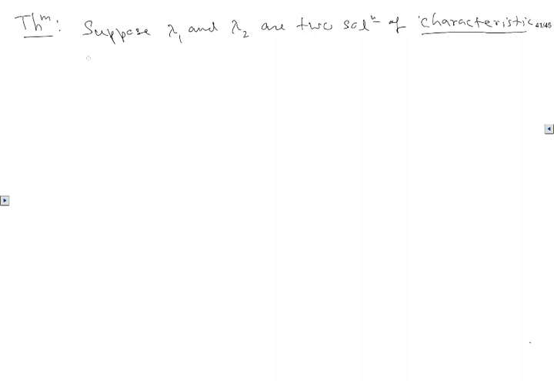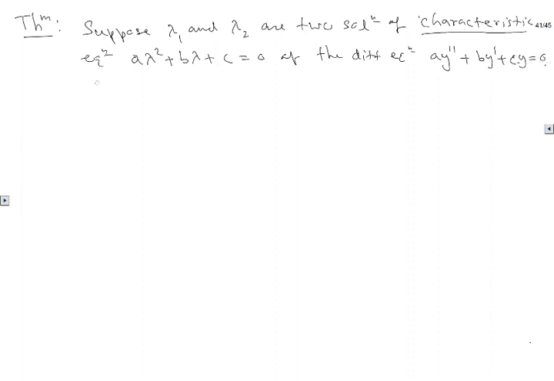Suppose lambda 1 and lambda 2 are the two solutions of the characteristic equation a lambda squared plus b lambda plus c equals 0 of the differential equation a y double prime plus b y prime plus c y equals 0.